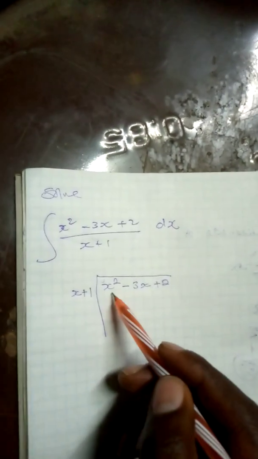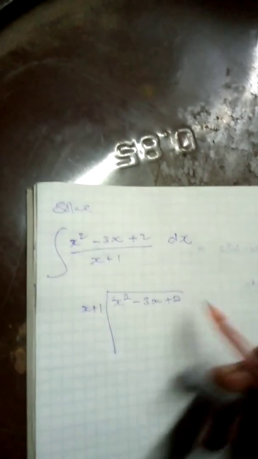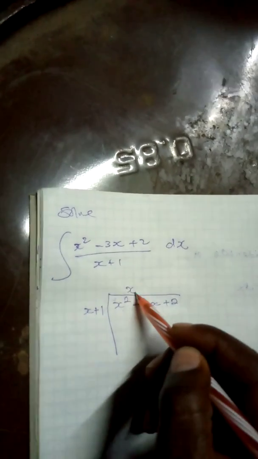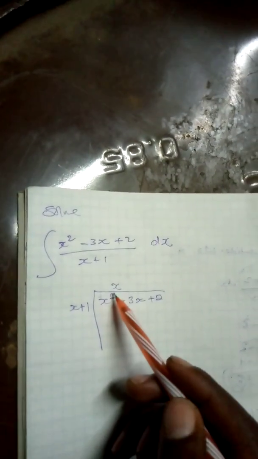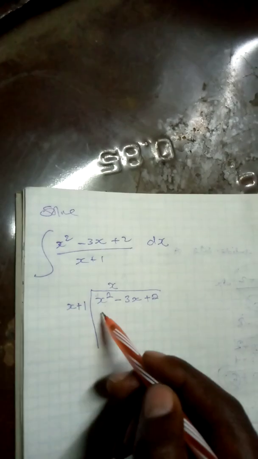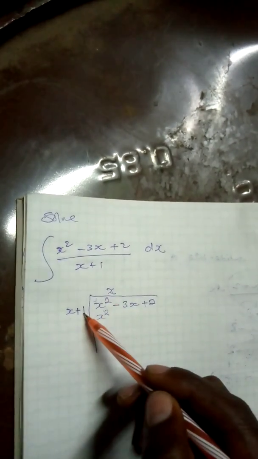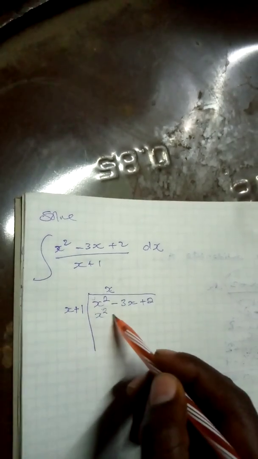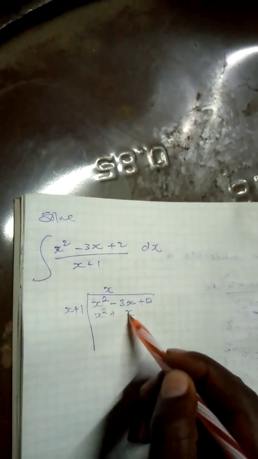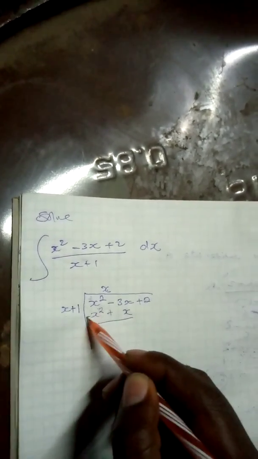So how do we go about it? We take x squared divided by x, we are going to have x. Then we multiply x by x, we get x squared, and x multiplied by 1. Remember, this is positive. We are going to get a positive x, and then we can subtract here.